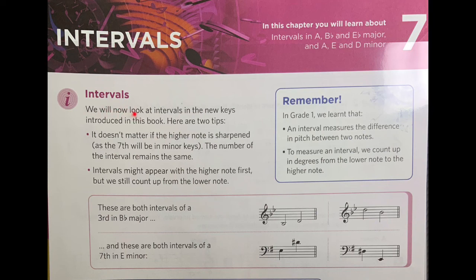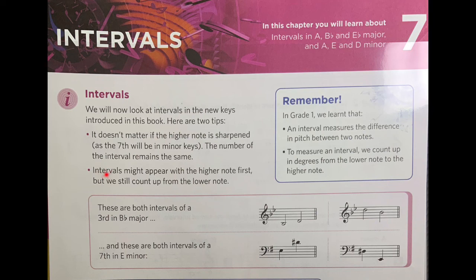Intervals. We will look now at intervals in the new keys introduced in this book. Here are 2 tips. It doesn't matter if the higher note is sharpened, the number of the interval remains the same. So whether this is sharpened or not, it's still a 7th.